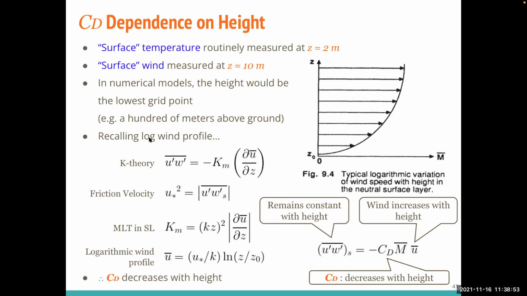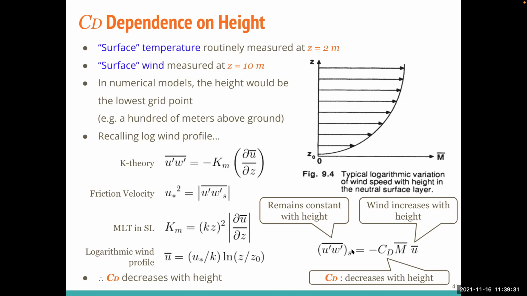Okay. If we recall everything we have learned, the K theory, the friction velocity, and the mixing length theory, this one, which is expressing your K with height, and also the log mean profile, you know that your CD or your drag coefficient should be decreasing with height. If you're looking at the surface level, you compare these two.